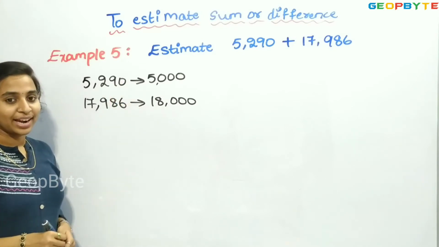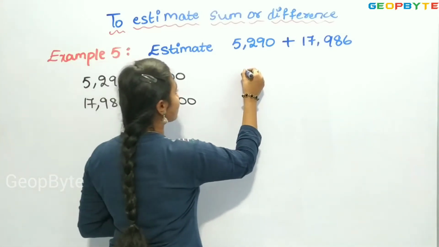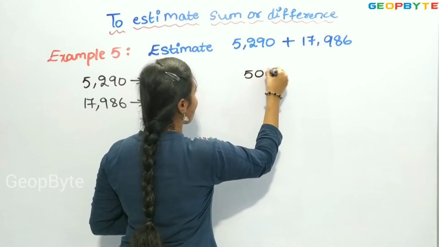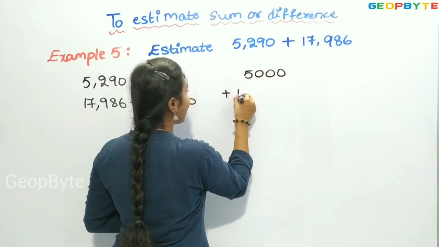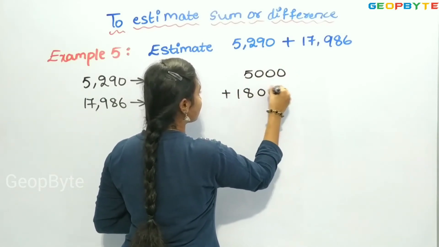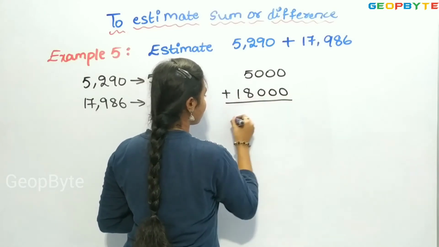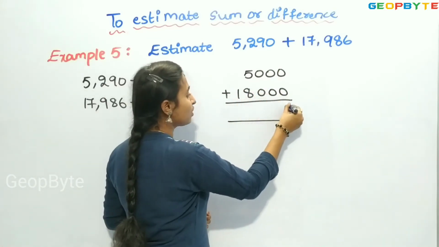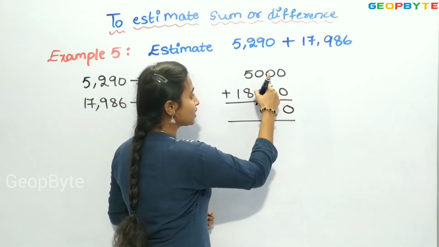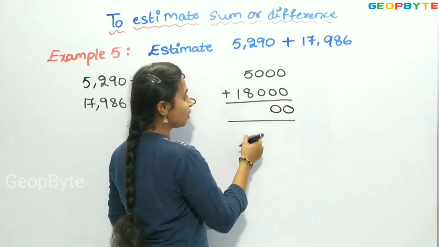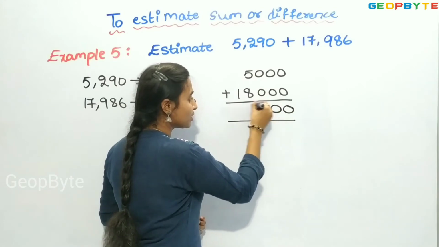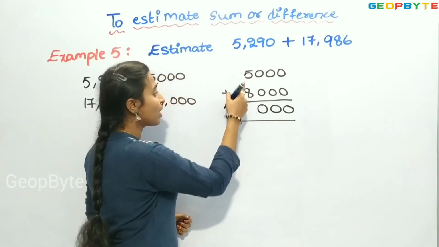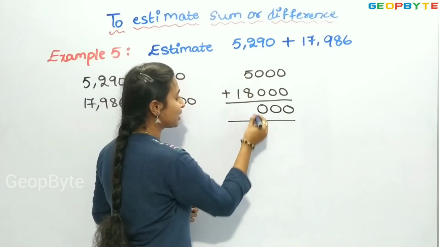Now, let us add. Right? 5,000 plus 18,000. First, 0 plus 0, 0. 0 plus 0, 0. 0 plus 0, 0. Now, 5 plus 8 is nothing but 13.